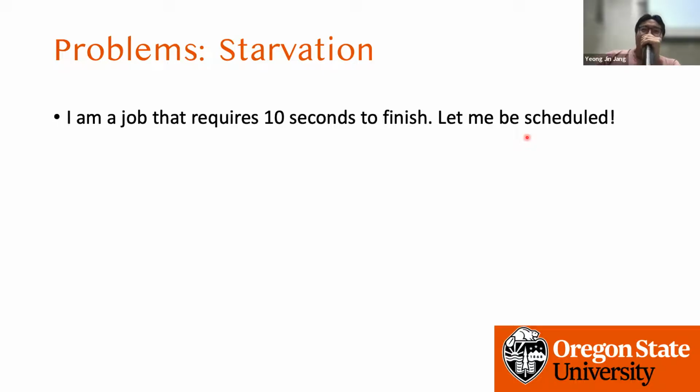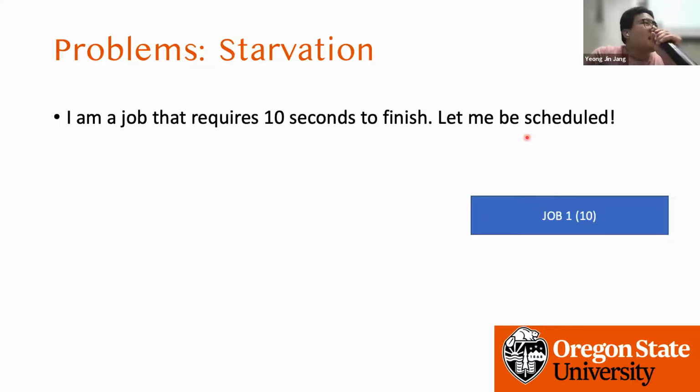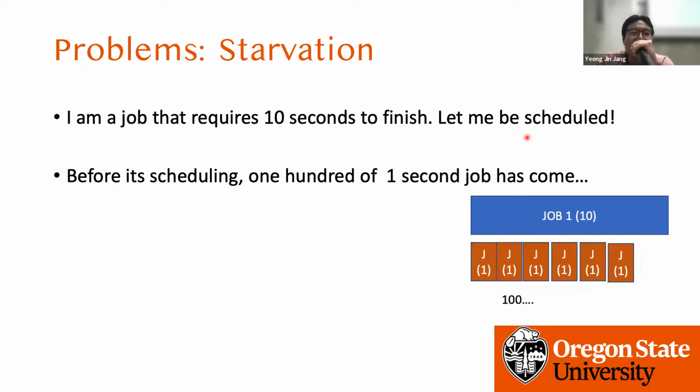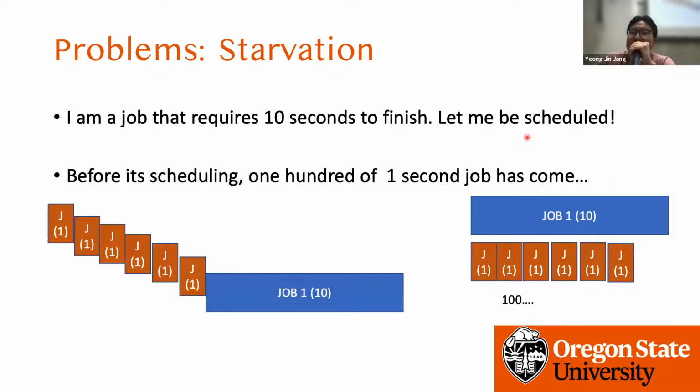Suppose I have a job that takes 10 seconds. I submitted the job, and before it was scheduled by the operating system, suppose 100 one-second jobs come in. Then our scheduler will work like this.